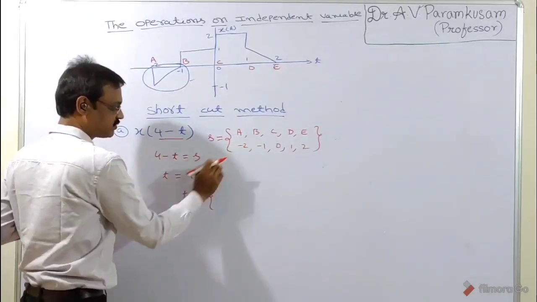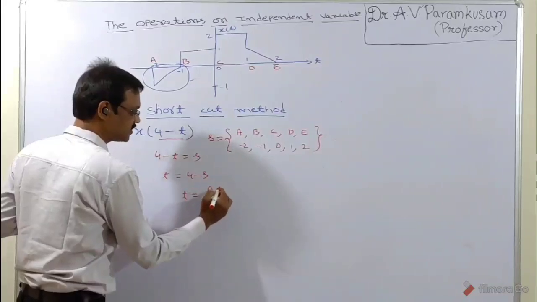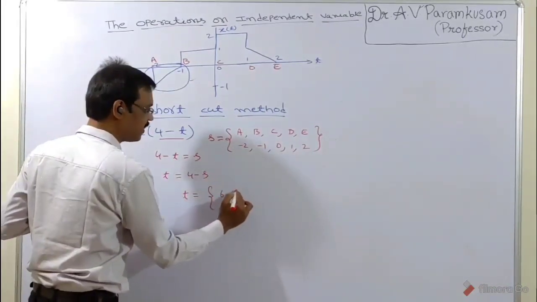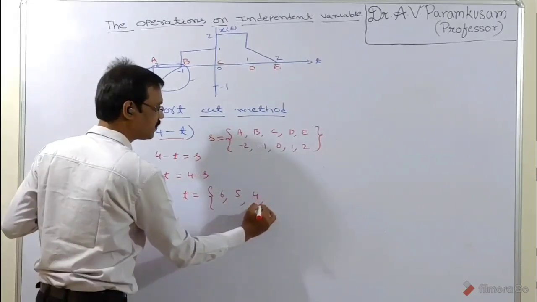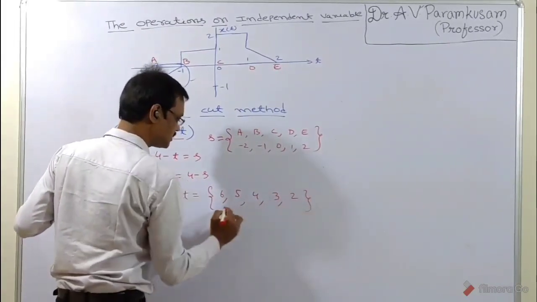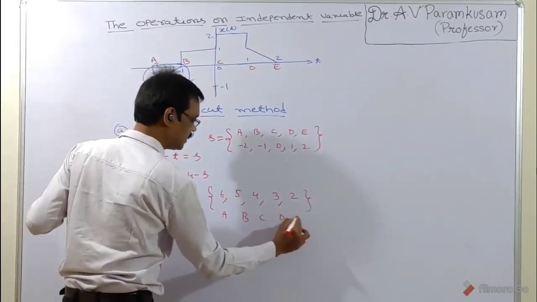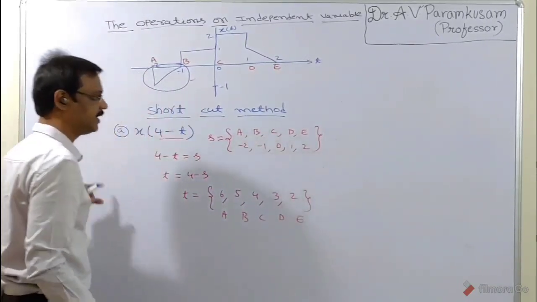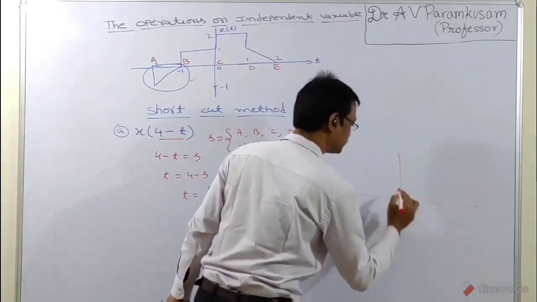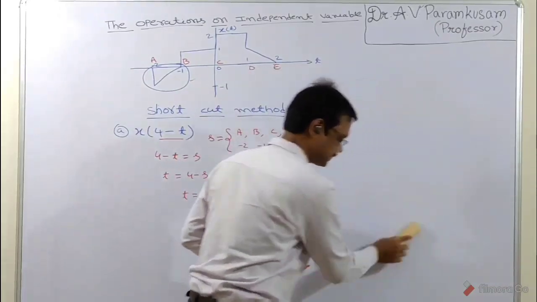You substitute s is equal to -2: 4 minus of -2, that is 4 plus 2, 6. 4 minus of -1, 5. Then 4, 3, 2. These are the points A, B, C, D, E. Here I draw the x of 4 minus t.